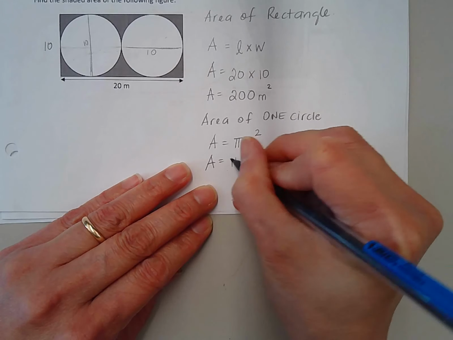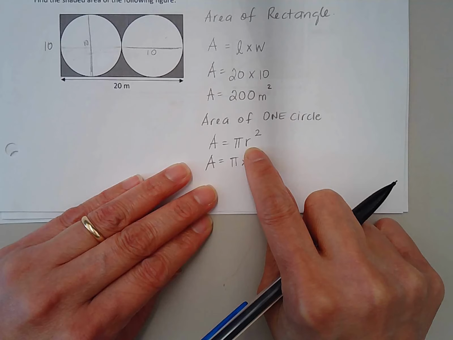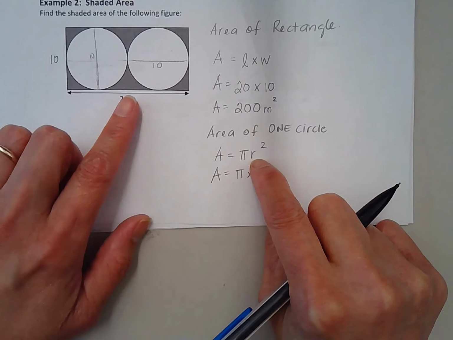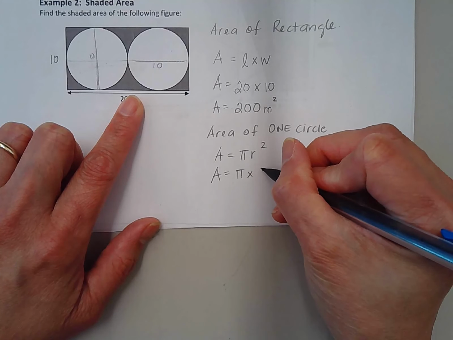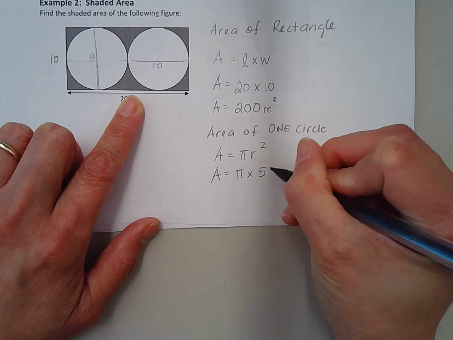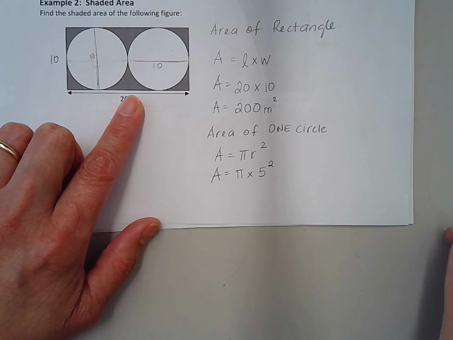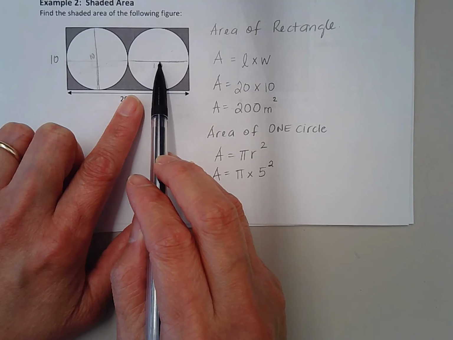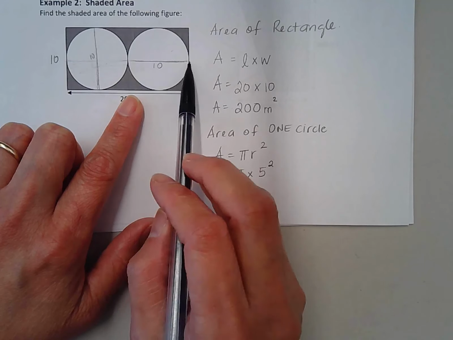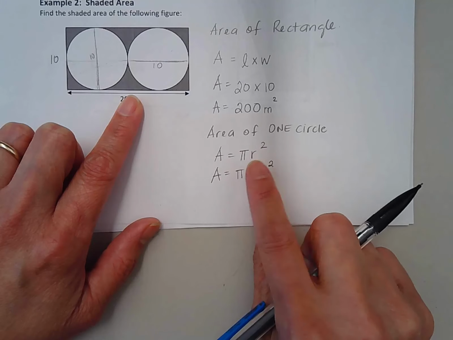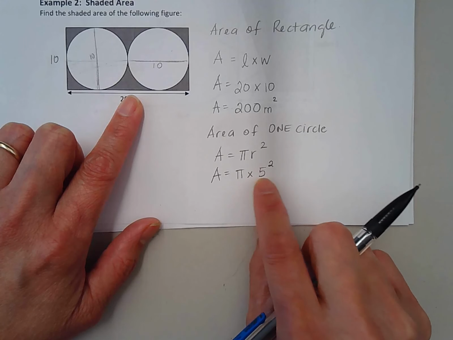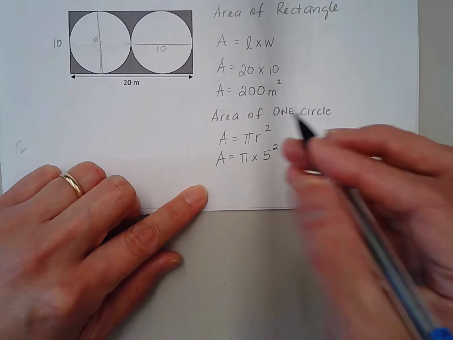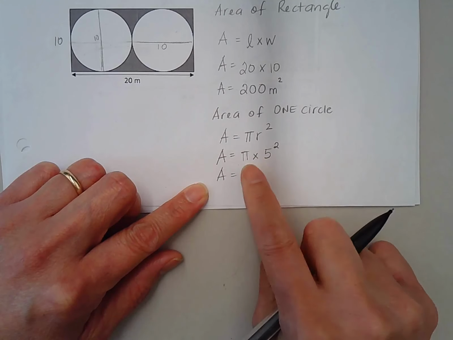Pi times r. What's the r for these circles? It's going to be 5. 5 squared. If the diameter is 10, then the radius is only half of that, which is 5. So pi times 5 squared. Let's go ahead and calculate that piece.